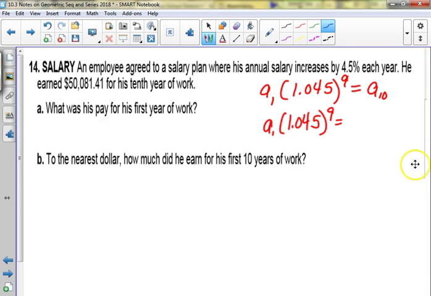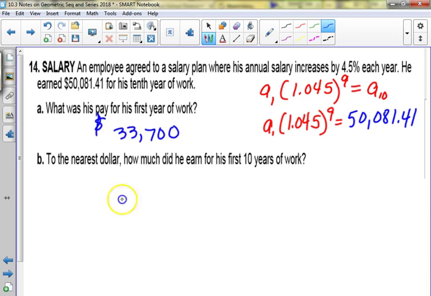Okay, let's finish this question, guys. We're supposed to be 50,8141. So we're going to divide 50,8141 divided by quantity 1.045 to the 9th. I got $33,700. Yeah.